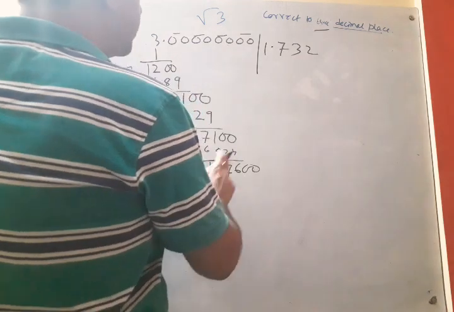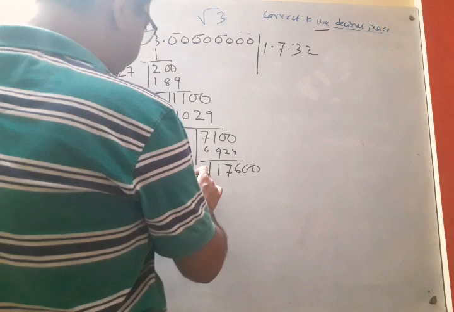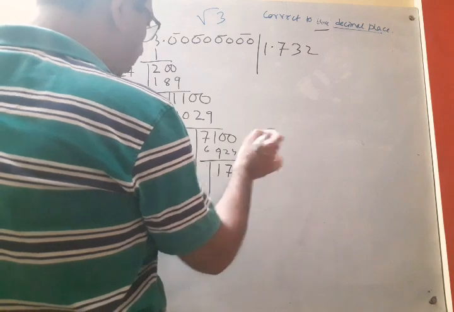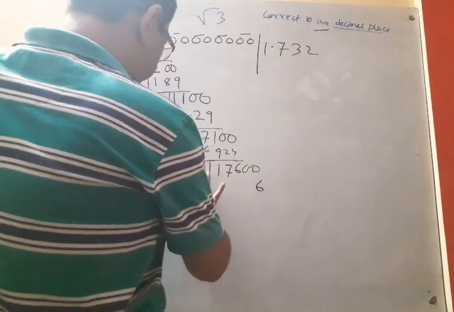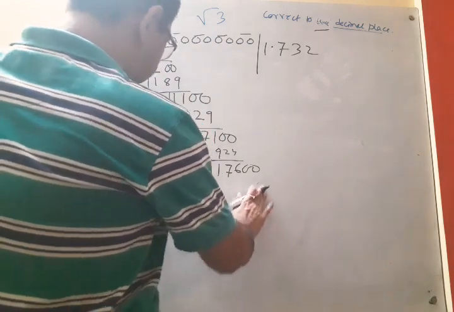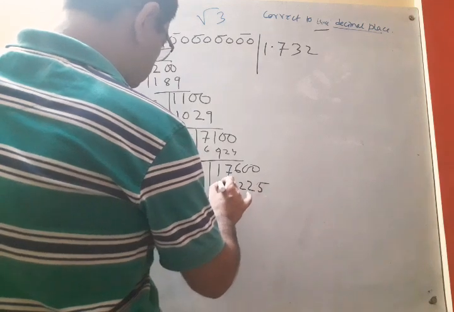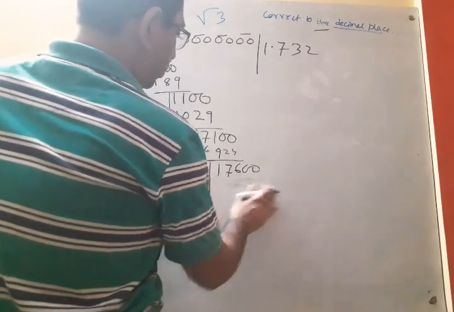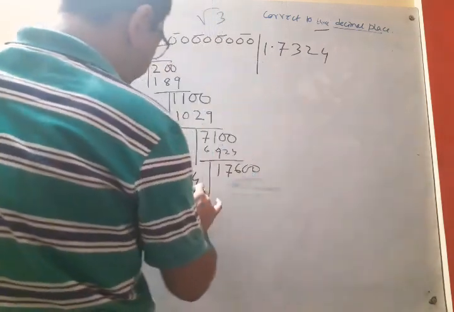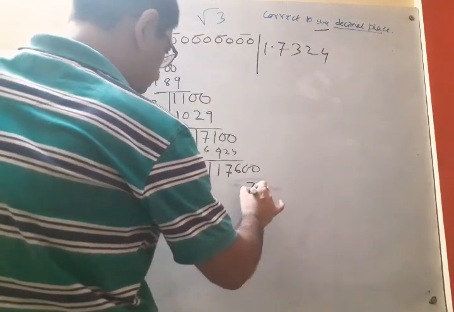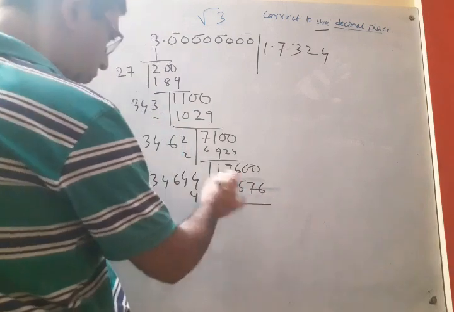So the double is 3 4 6. If we write here 5, no, it will cross. Write here 4. If we write here 5, what's happening? See, no, it's crossing. So I will write here 4, right? 4 multiply by 4, right?